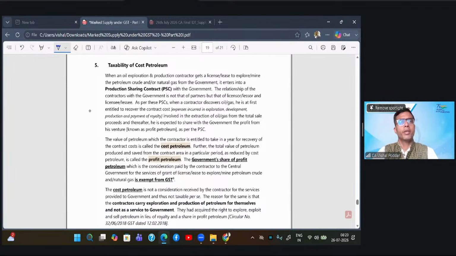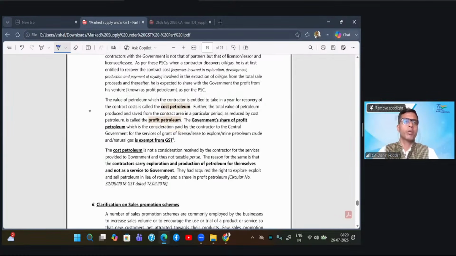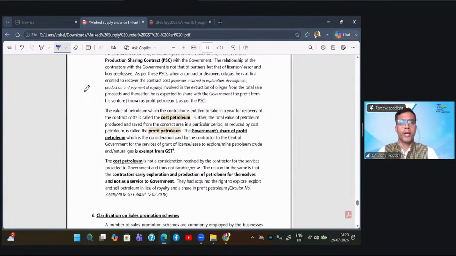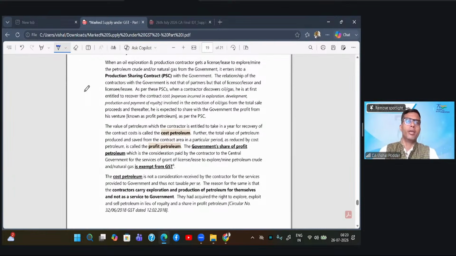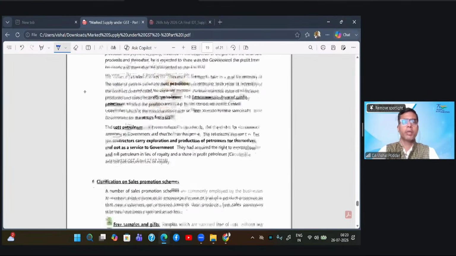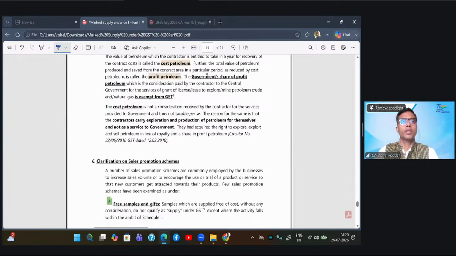Then students, this is a very specific scenario: taxability of cost petroleum. Cost petroleum is basically where you are running a petroleum refinery and you have entered into a production profit sharing contract with the government. So you have to give a share to the government out of your profits from this petroleum business. Anyway, this is outside GST, no problem.